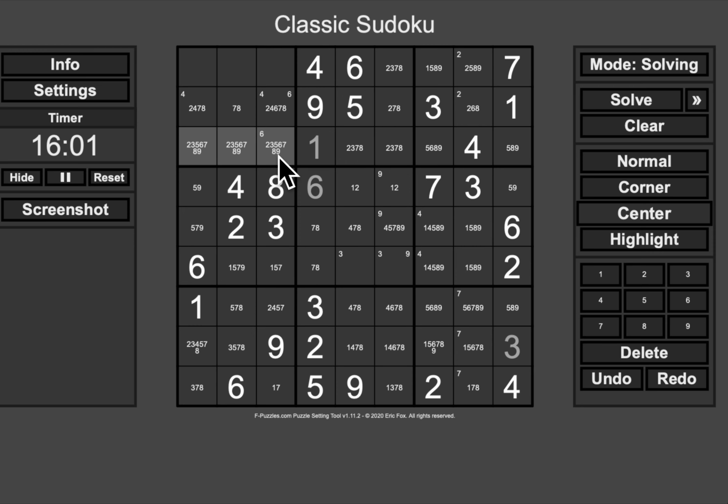Now, this cannot be 3 or 8 or 9. Can't be 2. Can be a bunch of other things.